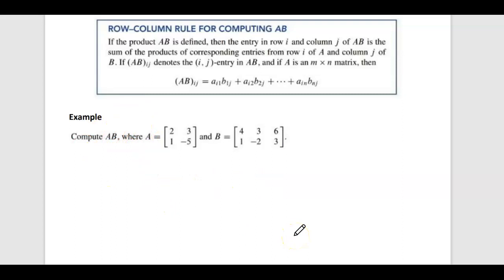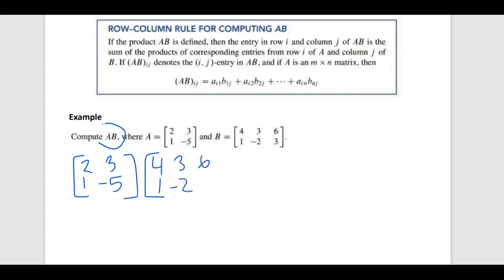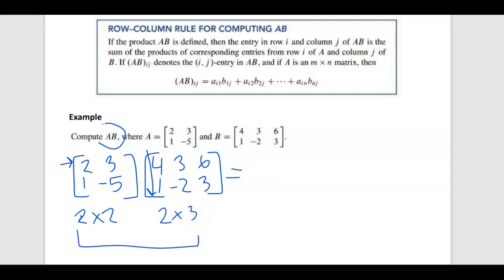So if I'm multiplying A times B, I'm going to take matrix A and then multiply by matrix B, and I'm going to make sure that if I am in row 1, then I'm multiplying by this first column. This is a 2 by 2, and I'm multiplying by a 2 by 3, so our result is going to end up being a 2 by 3.